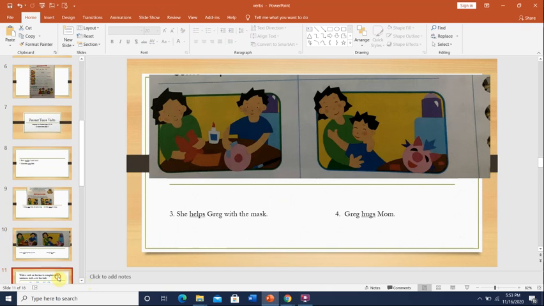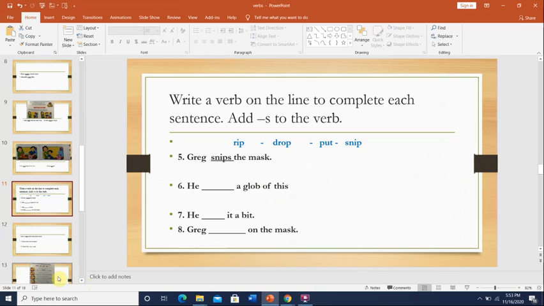Okay, let's go to page 122. We have 4 verbs in the box. It says here, rip. Okay, when you cut a paper with your hand, you rip it. Drop means to fall from you. Put means to put something, and snip means to cut with scissors.